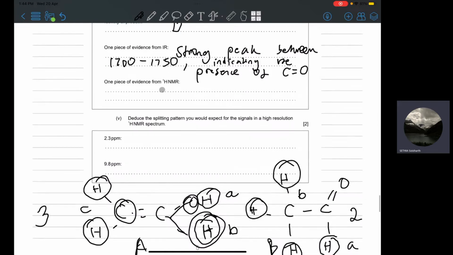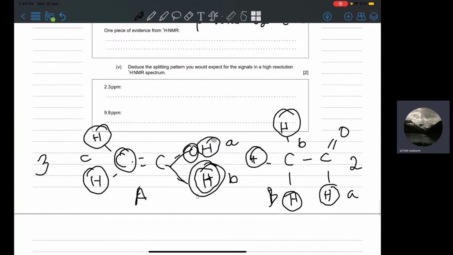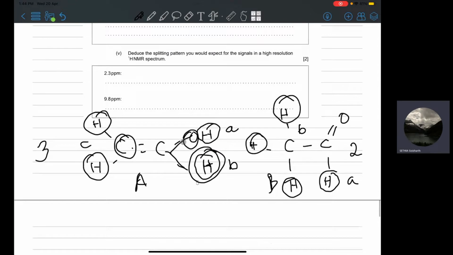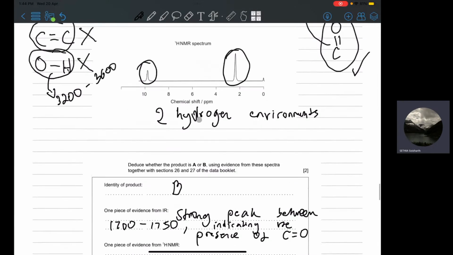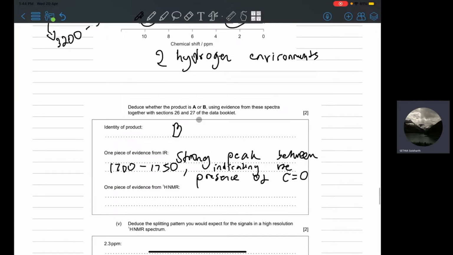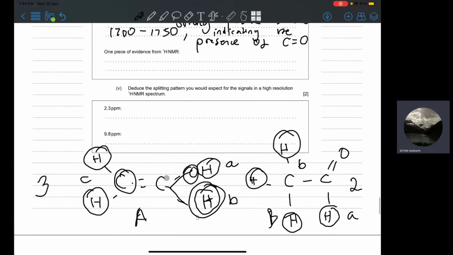So one piece of evidence from HNMR, you can simply state that molecule number A has three hydrogen environments and molecule number B has two hydrogen environments. And we see this in the HNMR spectrum where we have peaks at two different points indicating two different hydrogen environments as opposed to three.